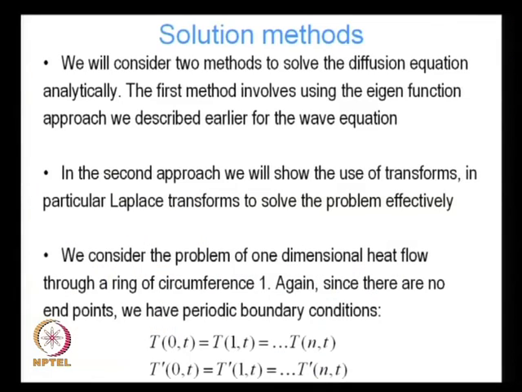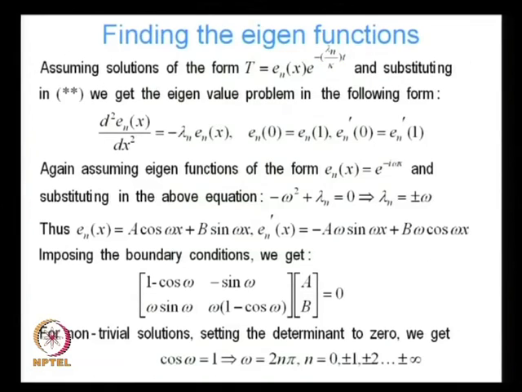Here, when I say prime, I denote the partial derivative with respect to x, where x is my distance along the circumference of the ring. So, T prime (0,t) must be equal to T prime (1,t) and T prime (n,t). So, I know what my governing equation is, and those are my boundary conditions.